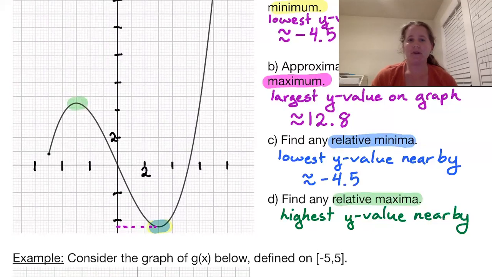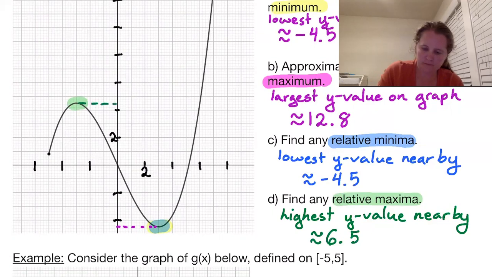Now we know that if we go all the way over to x equals 7, the graph goes much higher. But at least near x equals -3, that's our highest point. And at that point, the y value is approximately 6.5. So these are our relative minima and relative maxima versus absolute minimum and absolute max.